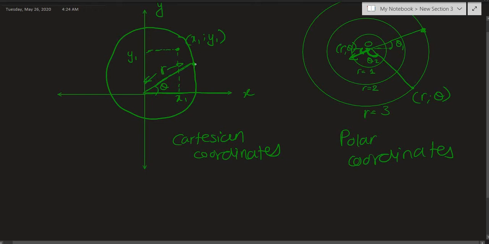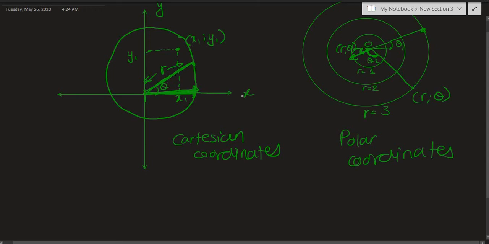But in our case, this point over here, you can write how many units it is away on the x-axis, how many x's it has, by using trigonometry.